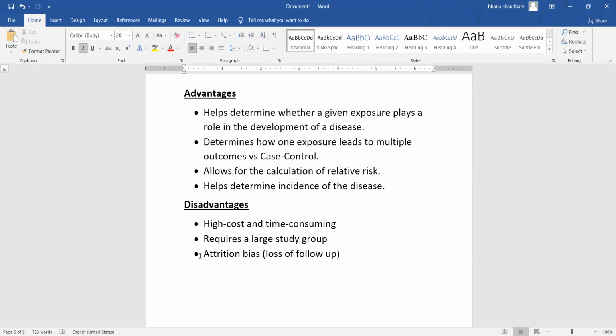So as a result, you have to exclude these patients from the study, and your sample size will decrease, or the attrition of the sample size occurs, and that is called the attrition bias. Okay, so one of the disadvantages of a cohort study is the attrition bias. Okay, this is very much important to know.